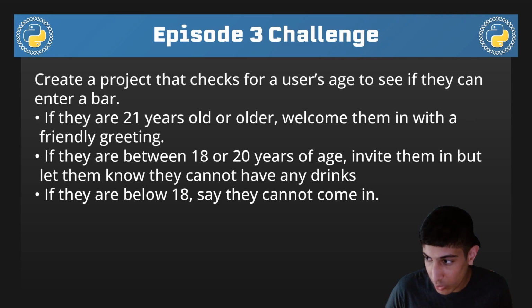So if they're at least 21 years old, then welcome them in with a friendly manner. However, if they're between 18 and 20, invite them in, but tell them that they cannot have any drinks. And otherwise, if they're below 18, do not let them in.